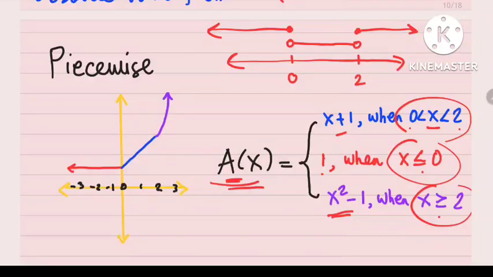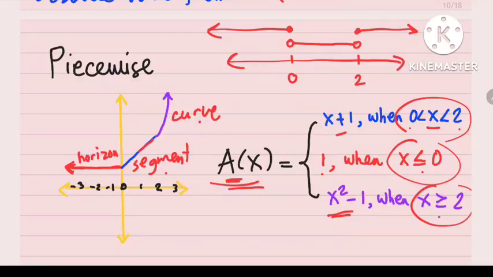So it's like our graph is also a combination of 3 parts: a horizontal line, which is a ray, and then a segment, the blue part, and the violet part, which is a curve. So this is divided into 3 pieces: the horizontal line or ray, the segment, and the curve.